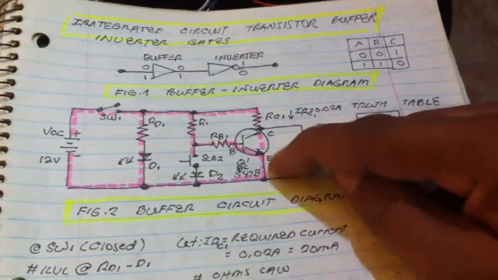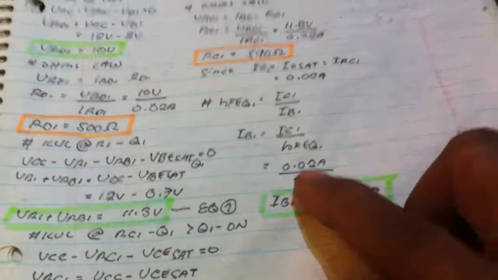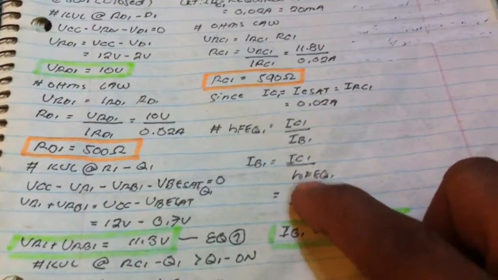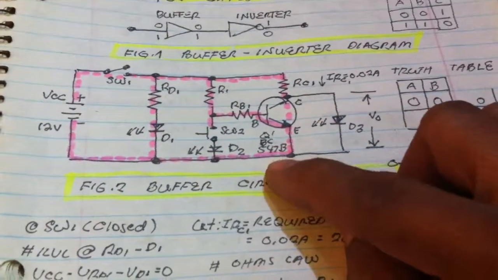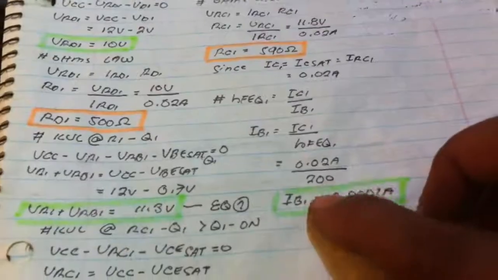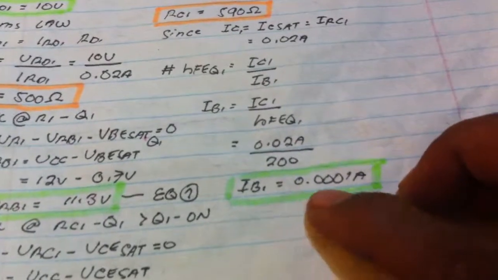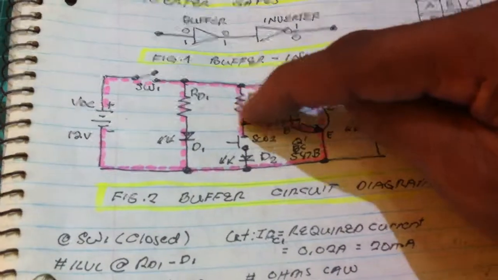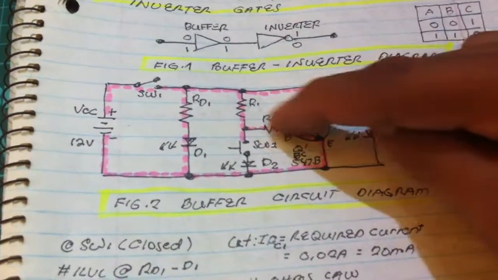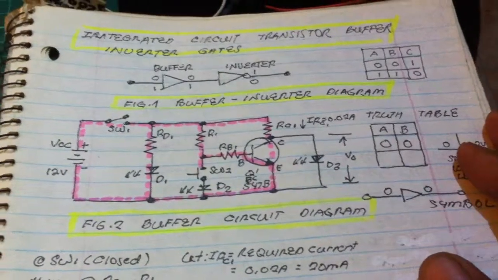That is the current that flows in the shorted path, IC. And then we get this HFE transposition using the formula. We get 200. The HFE of BC547B is 200. So we get now the base current of 0.0001 ampere. That is the current that flows into the base at this state or at this moment.